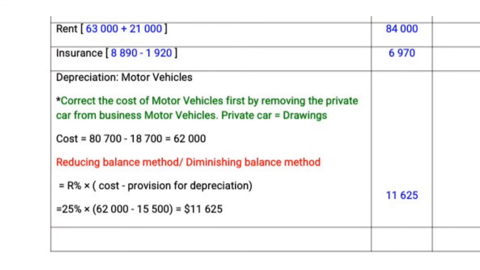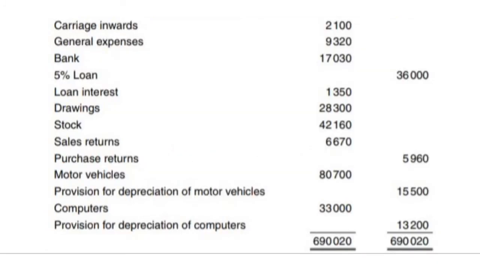Right. So the formula under reducing balance is R% times cost minus provision for depreciation or accumulated depreciation. The percentage that we are using to calculate depreciation for motor vehicles is 25%. So I'm going to write 25% first, then multiply it by the cost of 62,000 minus the provision for depreciation of motor vehicles, which is given as 15,500.